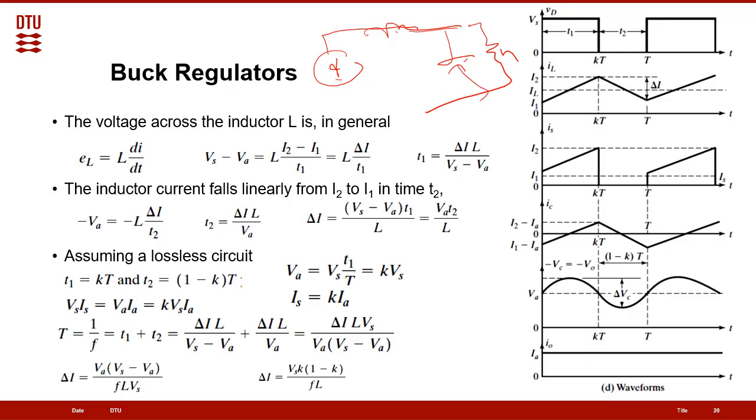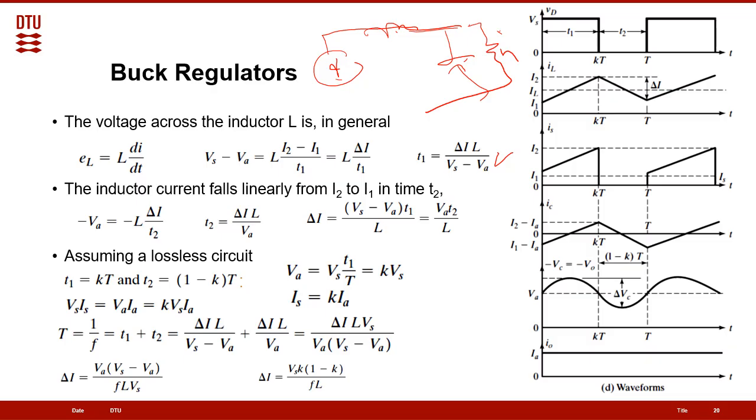So Vs minus Va is the voltage across the inductor, so it will equal L dI over dt, or we can say it equals L dI over T1. So from this one we can find the period T1.